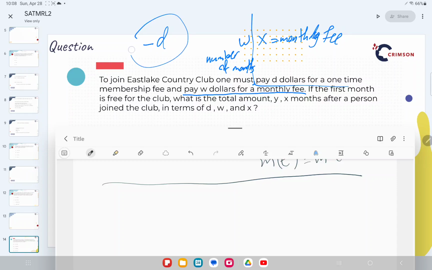So I've got minus D, and on my balance book I get minus W for the first month, then minus W for the second month, minus W for the third month, minus W for the fourth. They're just going to keep going on my balance book. But I get a free month.